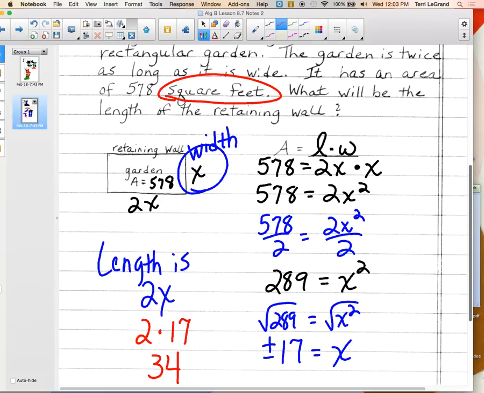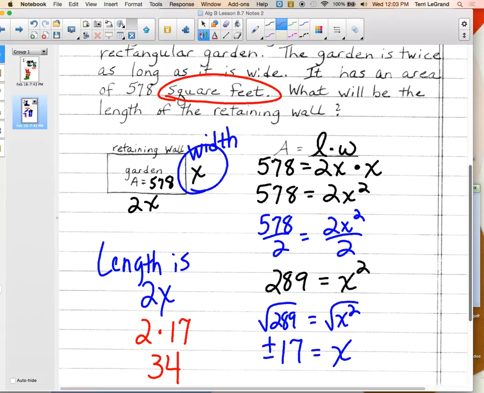The dimensions have to be measured in feet. Because to get square feet, you take feet times feet. Length times width. So the width is measured in feet, the length is measured in feet, feet times feet is square feet per area. You need to know this.